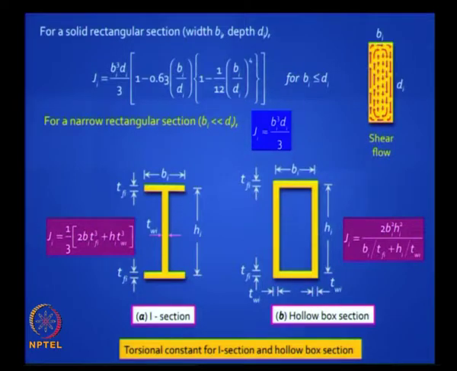The reason why this section is very effective against torsion is if you look at the nature of the shear flow. You'll see that in the case of the I section, the lever arm for the shear flow is very small, so you don't get much resultant torque. And so you get a large twist as well, but in the case of a box you have a constant shear stress across the thickness of the wall.